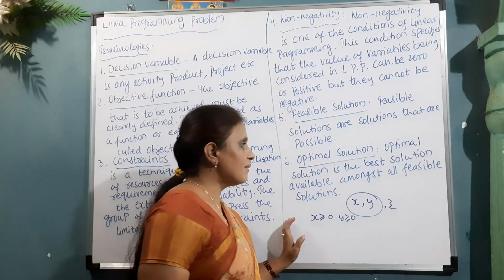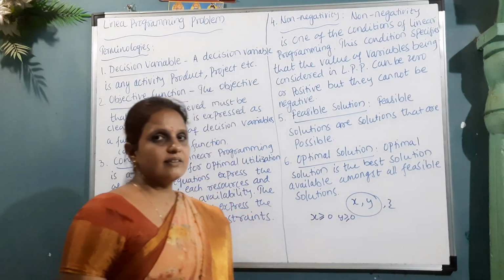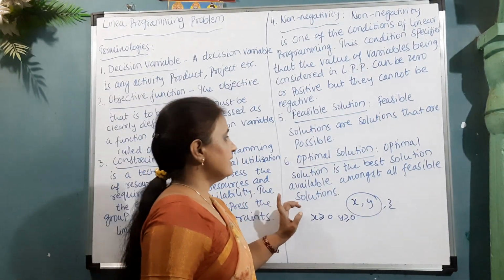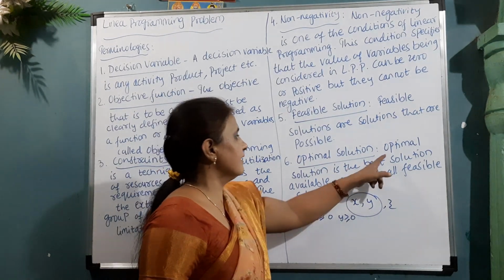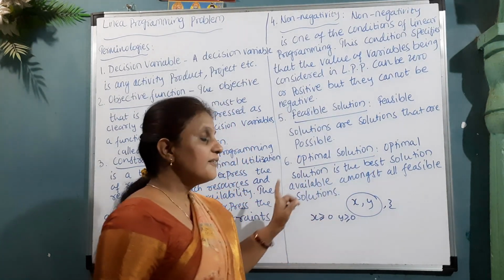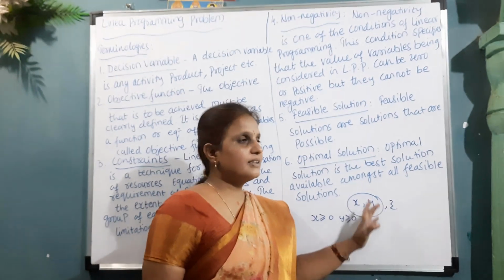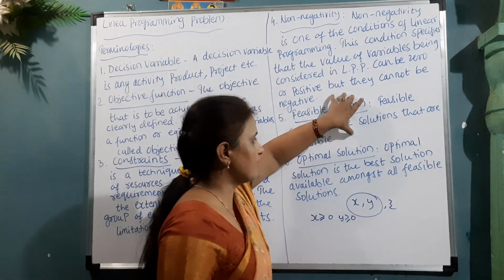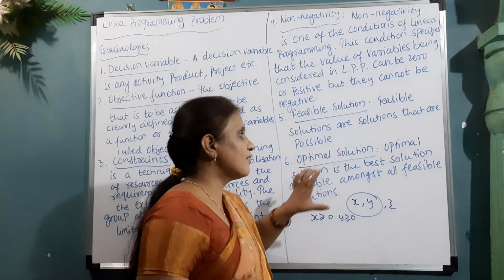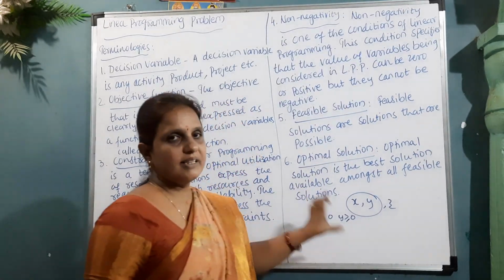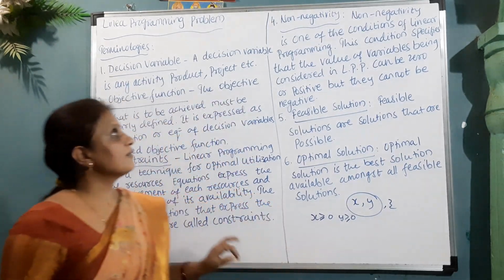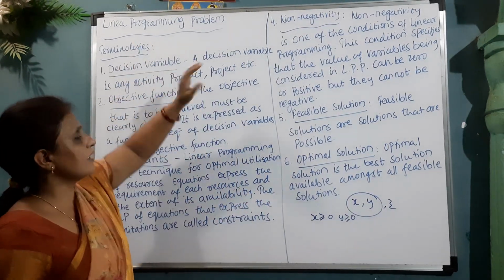When a problem has many solutions, we use only one solution, the best solution suitable for our problem. Among the possible solutions, the one we choose as the best is the optimal solution. So these are the terminologies used in the linear programming problem.